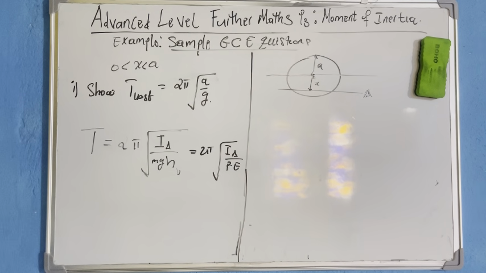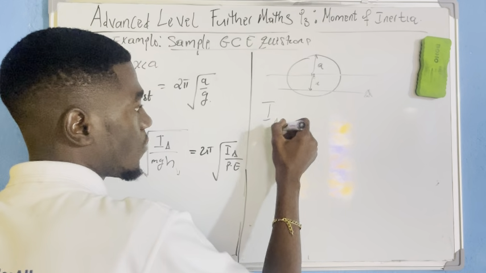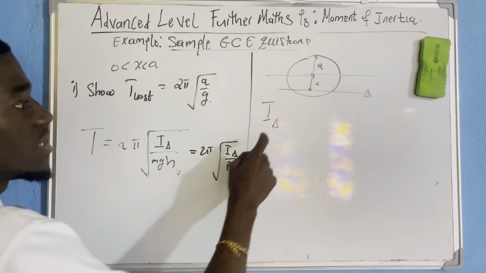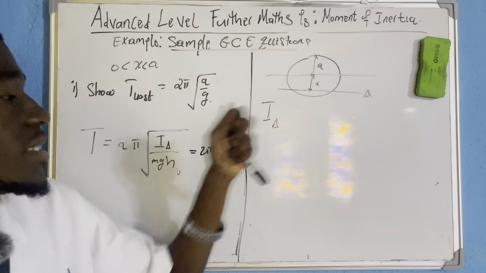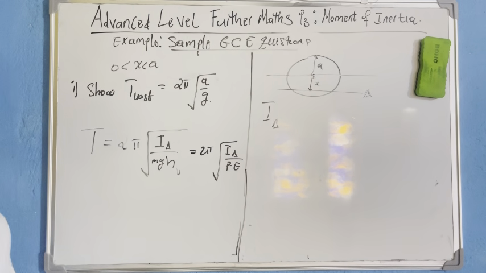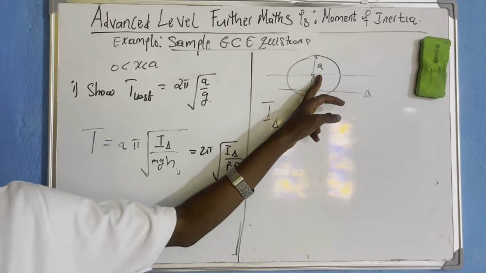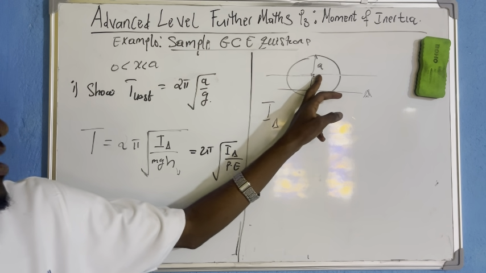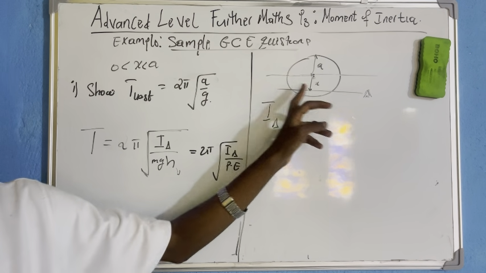So the first thing to calculate is the moment of inertia of the disc about the axis of rotation delta. I will use the parallel axis theorem here because I don't want the moment of inertia of the disc about its center. I want the moment of inertia of the disc about an axis delta.